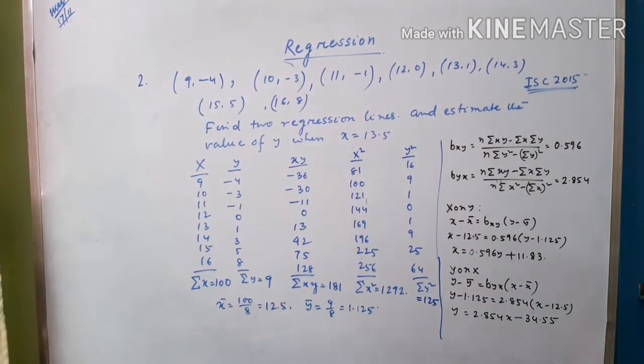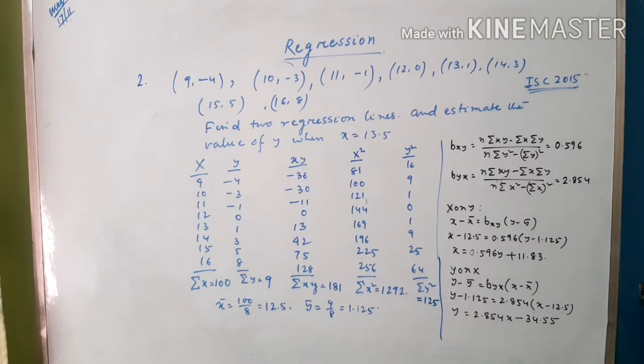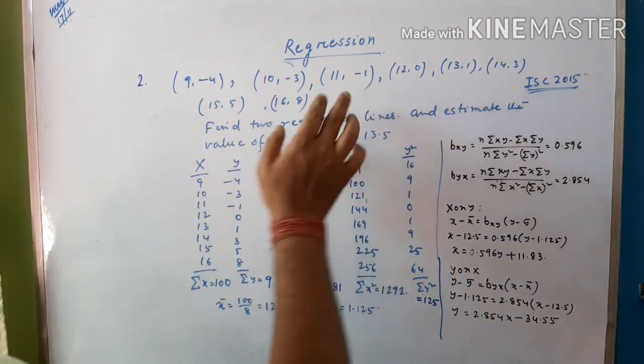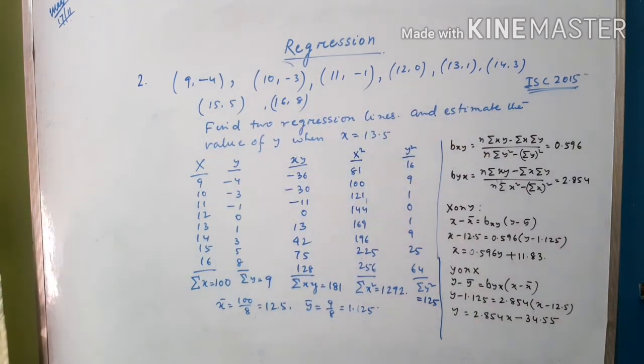Now here I am taking another example, example number 2. The question is from ISC 2015. You can see here 8 pairs of observations are given, and the question is to find the regression lines and estimate the value of y when x equals 13.5.